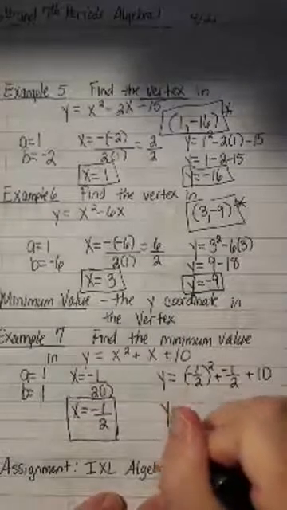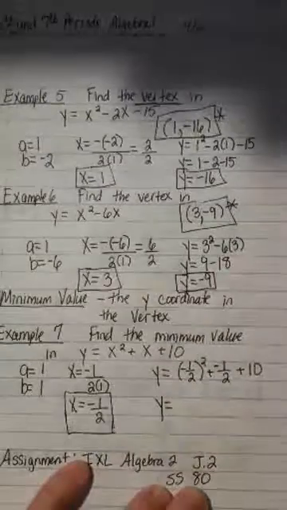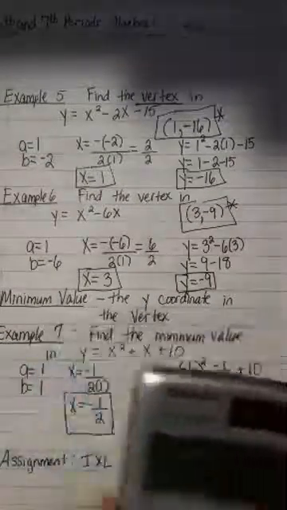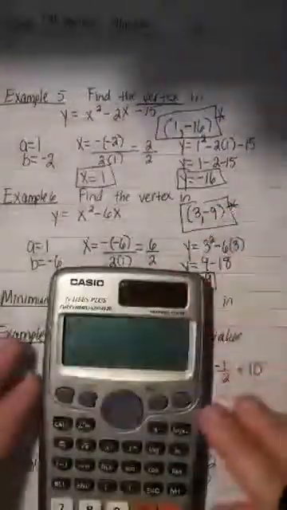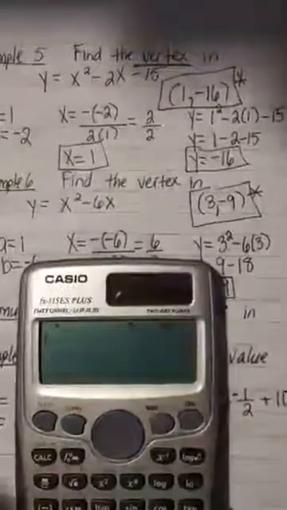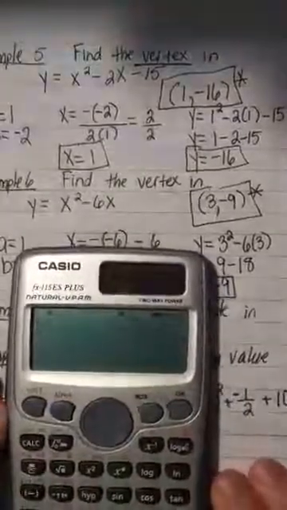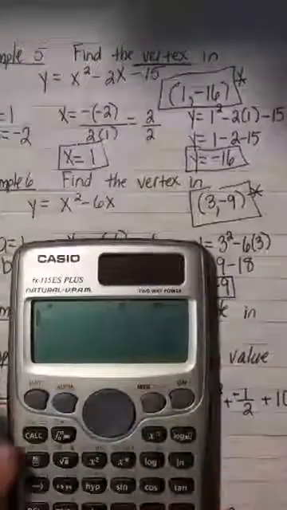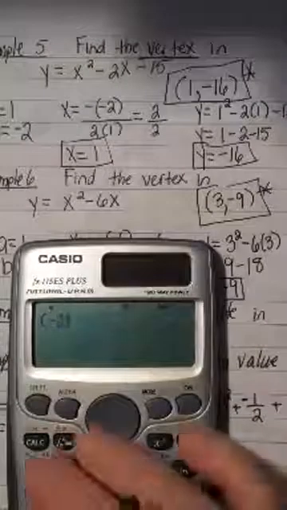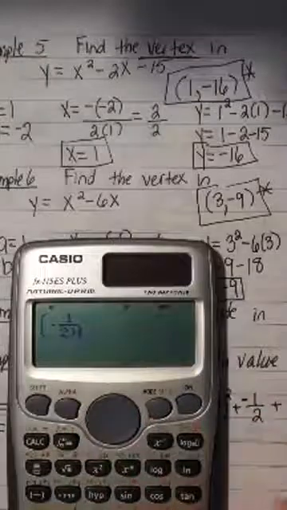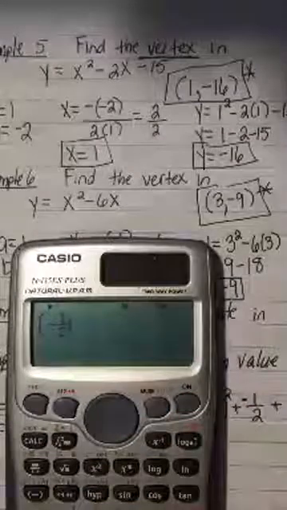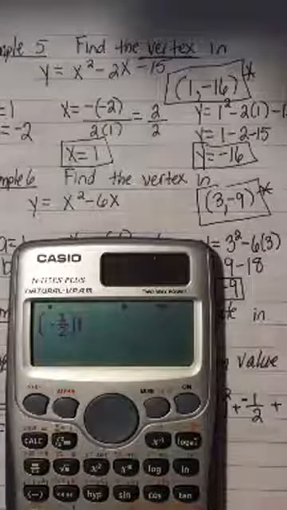Okay, so now I'm going to get my calculator, my handy little calculator with my fraction key. Let me zoom in just a little so you can see that. We're going to put in negative 1/2 in parentheses, negative 1/2. Oh, I did that again, I've got to delete that. Make sure you move your cursor to the end of the fraction so the parentheses will go around the whole thing.